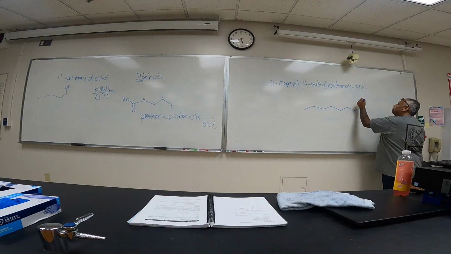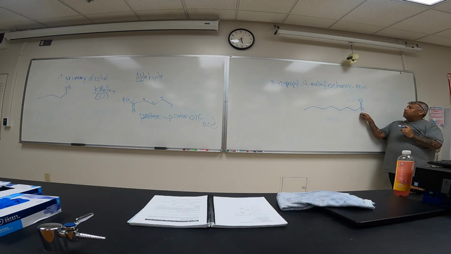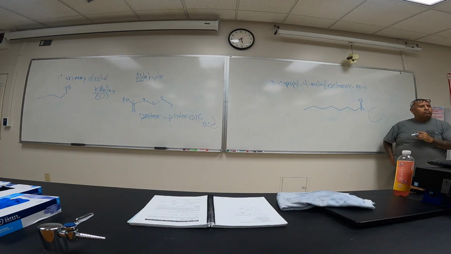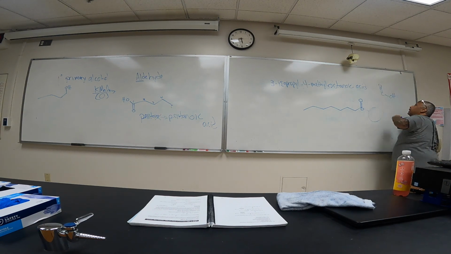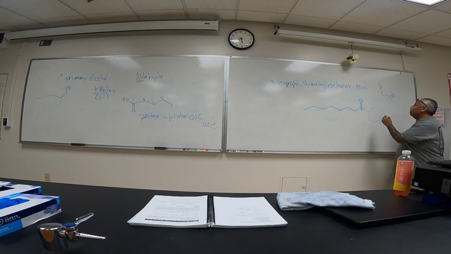So let's draw that. I've drawn the carbonyl, and for a carboxylic acid, what is it that I'm going to add right here? An OH, right? Because we're memorizing these, and we know that carboxylic acids look like this. Not an aldehyde, okay? Carboxylic acid, and we need that OH there.